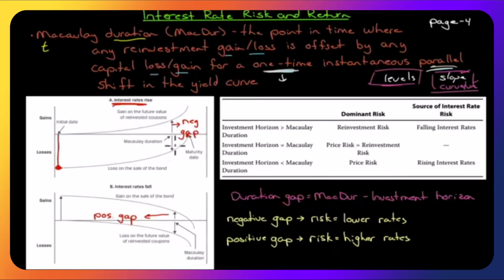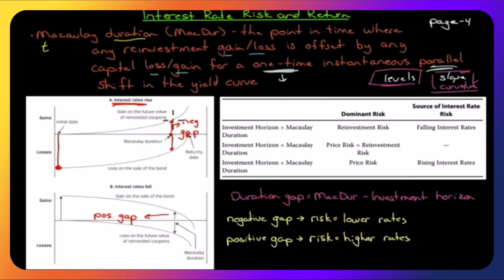It increases. Well, there'll be some point in time over here, which is shorter than the time to maturity, over here, where the distance downwards towards the price trajectory equals the distance upwards towards the reinvestment of coupon. They offset each other.